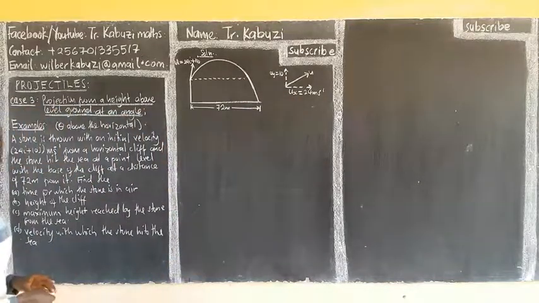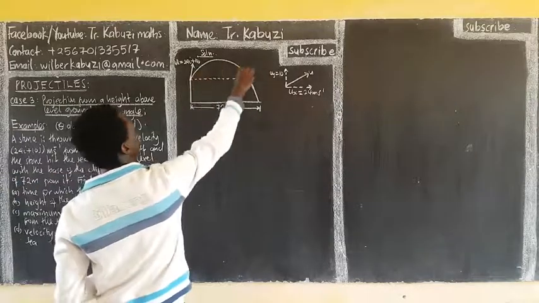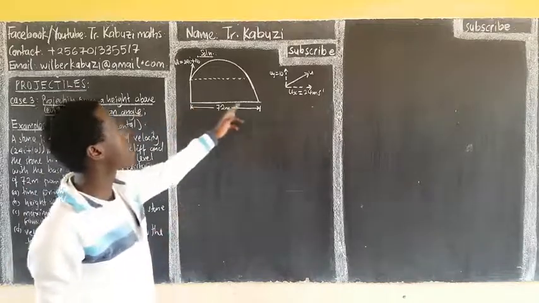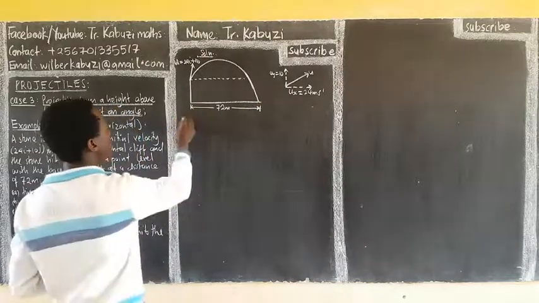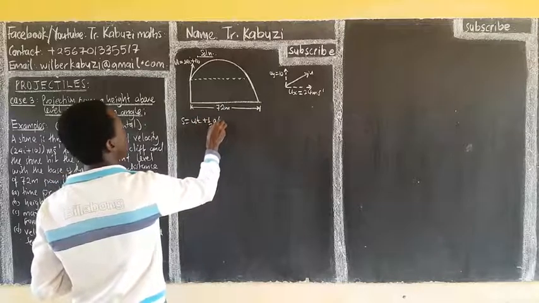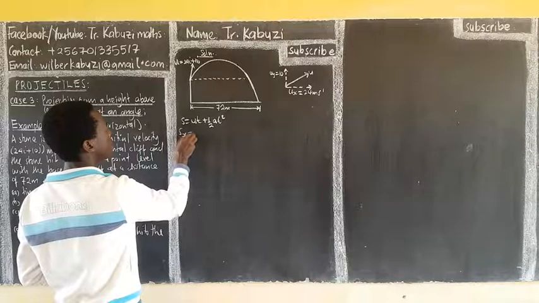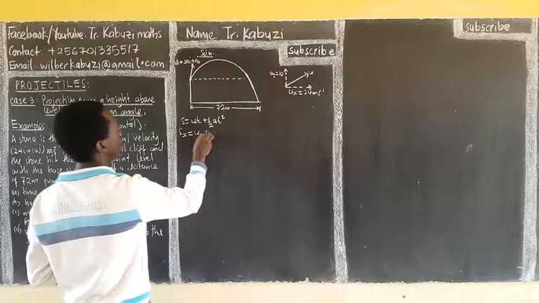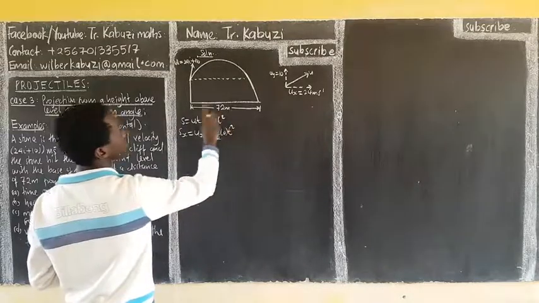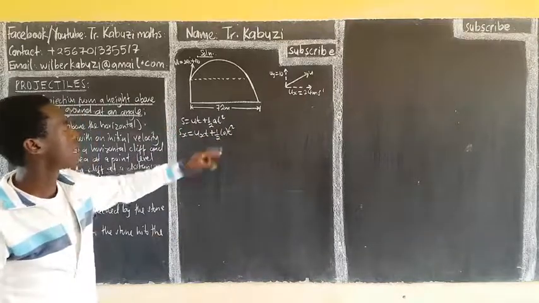So now after getting that, they're asking for the time. By the time this particle is covering this distance, we need to get this time. So from s equals ut plus a half at squared, the moment we are dealing with the horizontal distance, the acceleration is always going to be 0.